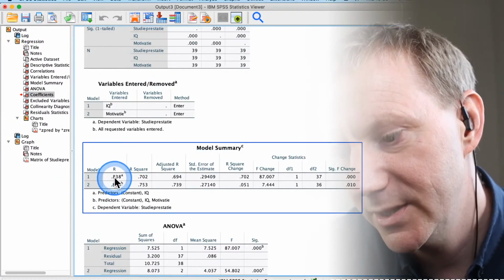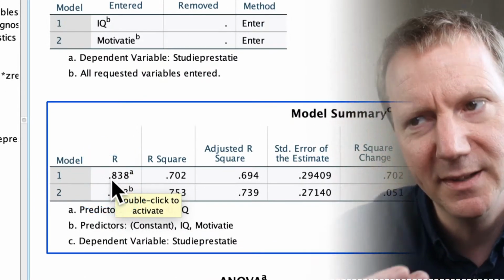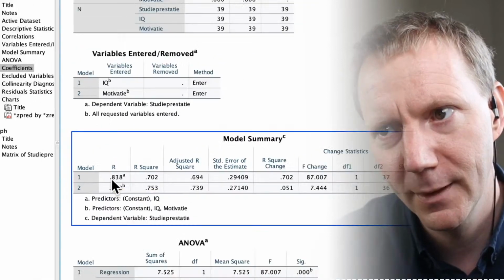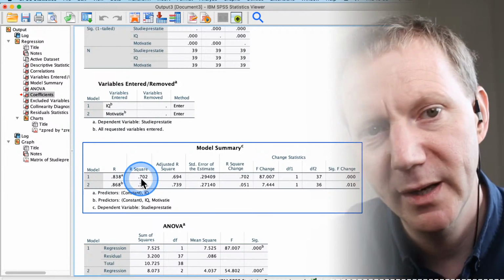This R means it's the correlation. So this is the correlation between what you expect and what you actually find. And if you square that, then you will get the explained variance.